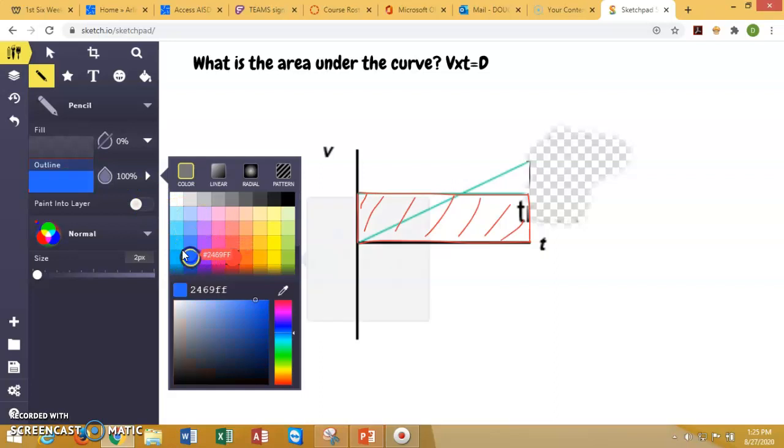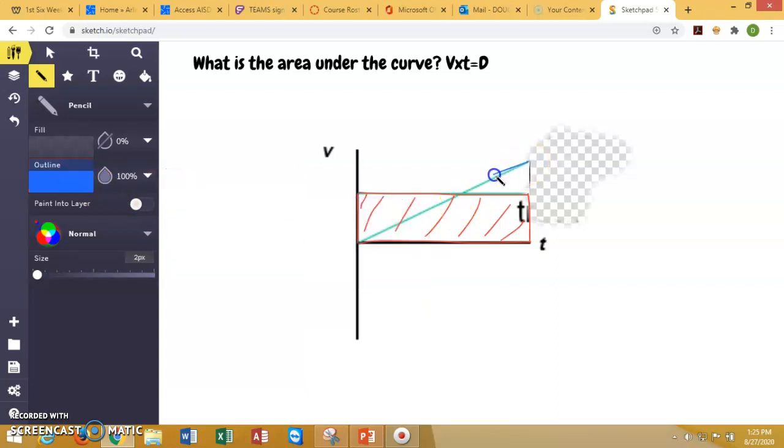For the cop, the shape is this triangle, so I have to figure out the area of that triangle. The areas of those two shapes will tell me how far both the cars went. And that's a way to figure out where they are at whatever time: area under the curve.